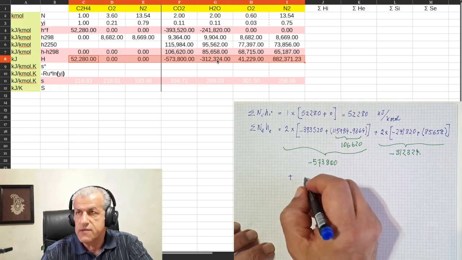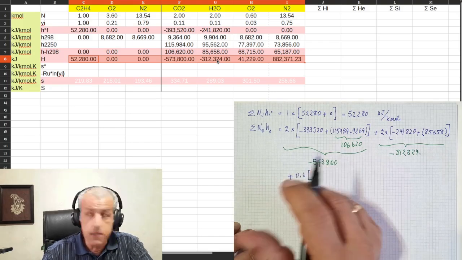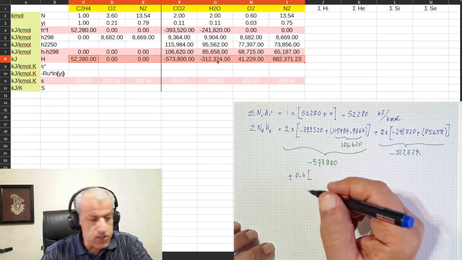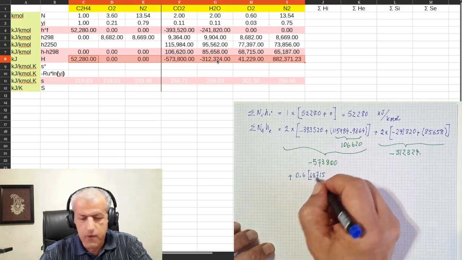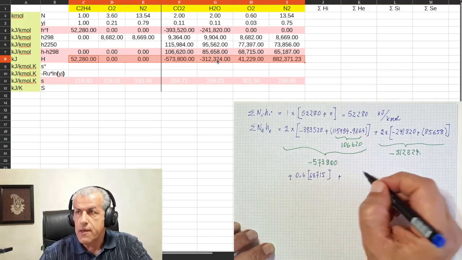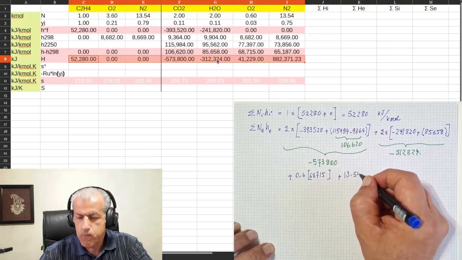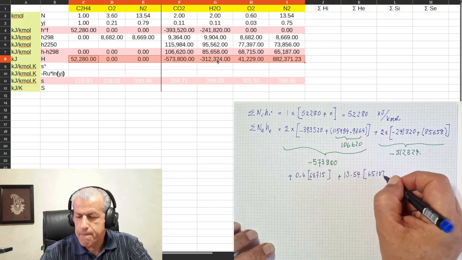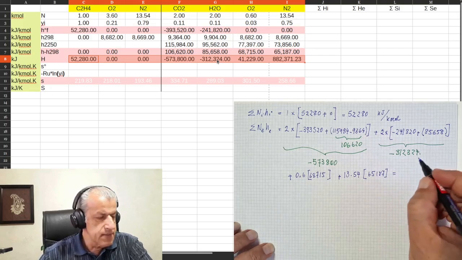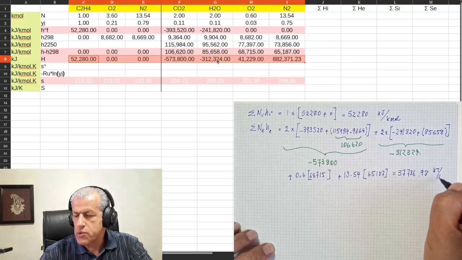It would be plus, as for O2, the enthalpy of formation is 0, so it would be 0.6 times the enthalpy change due to the added heat, and that is 68,715, plus, as for N2, it is 13.54 times 65,187, and the outcome is 37,736.98 kilojoule per kilomole.